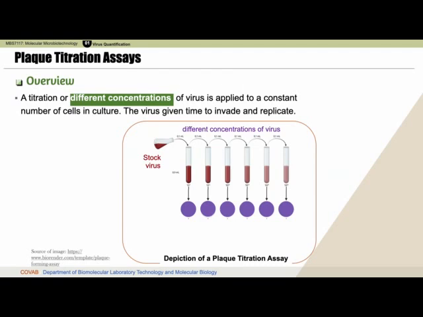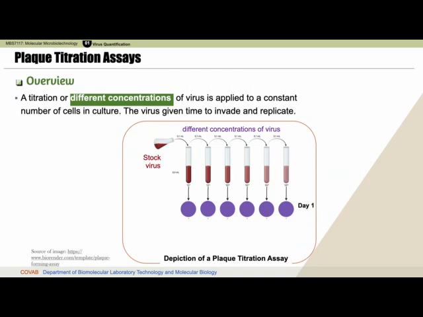To the third row, we apply virus at 10 to the minus 3, and so on, until we've applied all our different concentrations of virus, up to 10 to the minus 8 or minus 9. So note, you may have to have multiple plates, not only one plate. So all of this would be day 1.